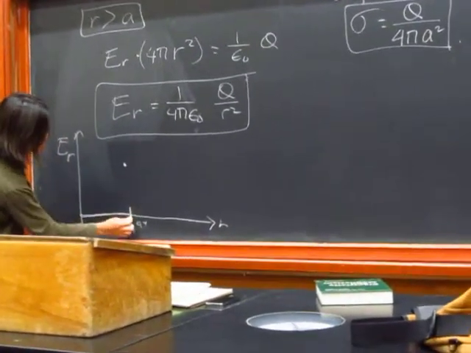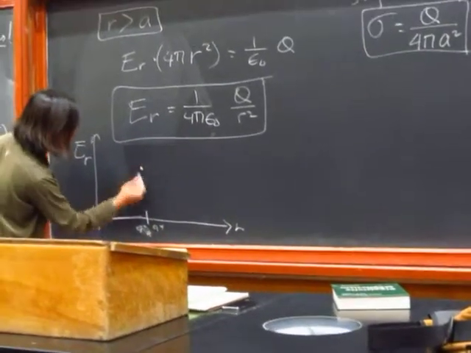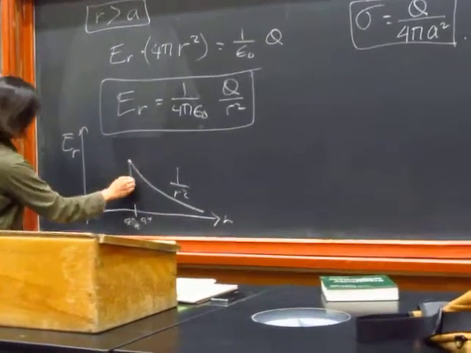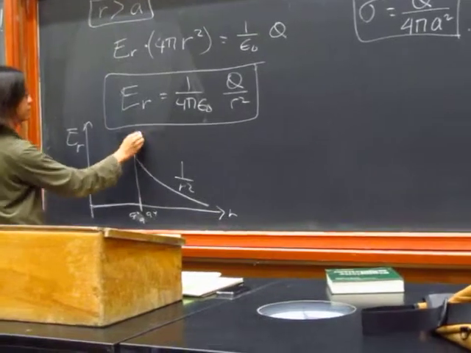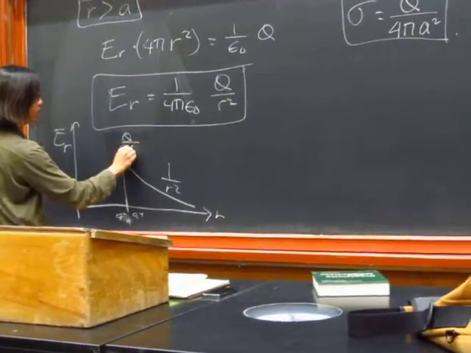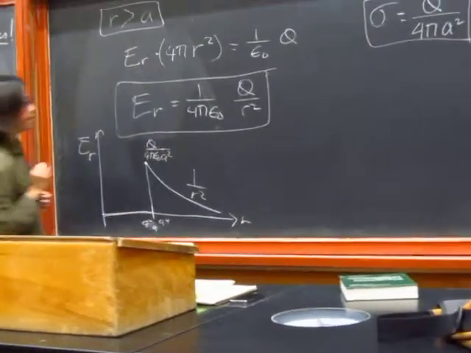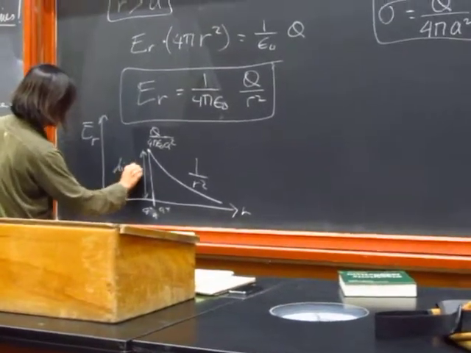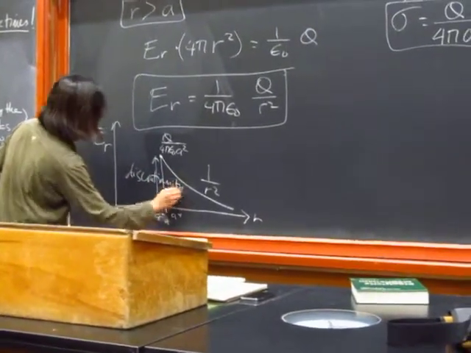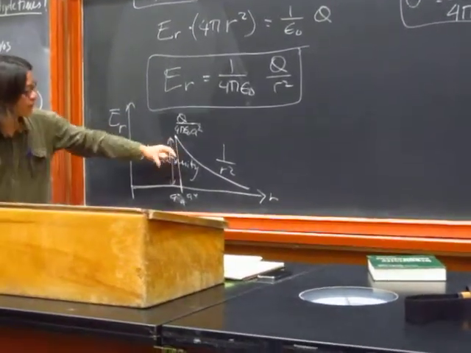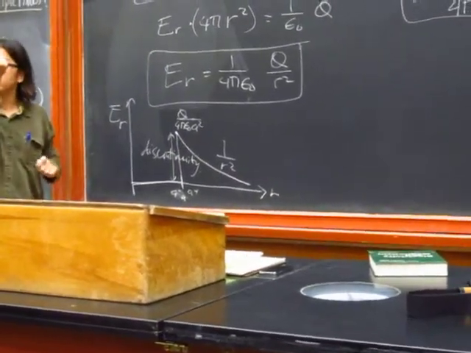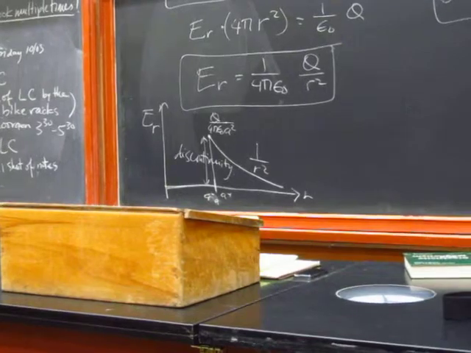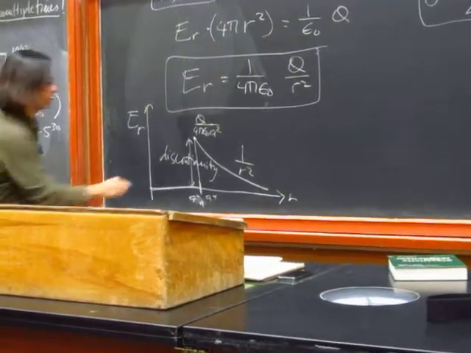Then for r greater than a, you have a field that goes as 1 over r squared, which is 1 over 4 pi epsilon naught times Q over r squared. There is a jump because I have my charge concentrated in a surface of zero thickness. That's the reason we have that.